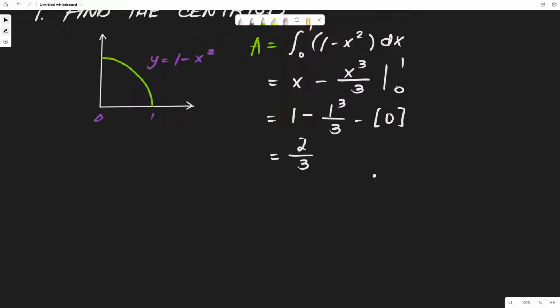Okay, so let's find the coordinates of the centroid. We have x bar equal to 1 over A multiplied by the integral from a to b of x multiplied by our function 1 minus x squared dx. Now, what will we use for a and b here? Obviously the same boundaries, from 0 to 1.